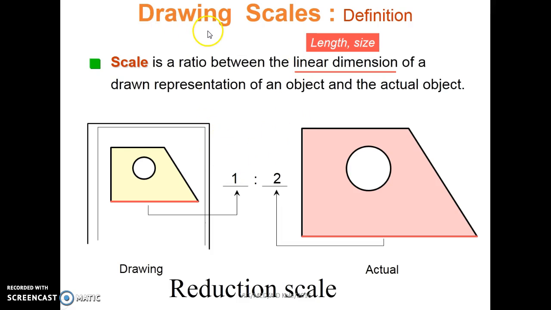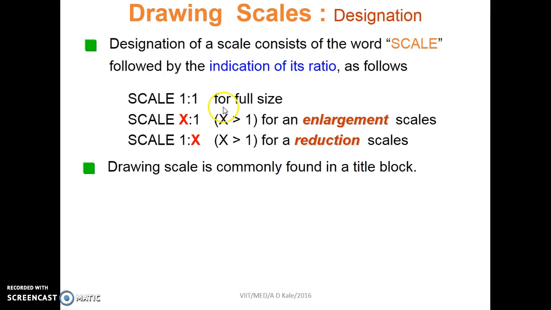The drawings are also associated with scales. If the actual size is double the drawing size, the scale is called 1:2, meaning a reduction scale. Whereas if we draw 1:1 the size, then we call that drawing a full size drawing.